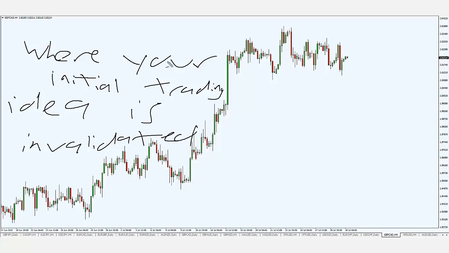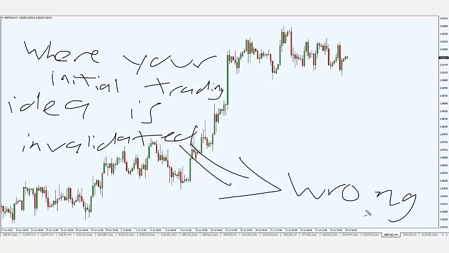This is where your stop loss should be, where your initial trading idea is invalidated, or the word invalidated here is the same as where your initial trading idea is wrong.